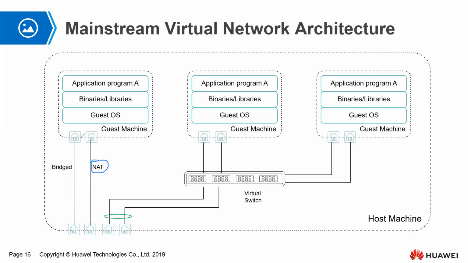This machine will have to get an IP address which is available on your physical network. But with network translation, you could have a different network inside your virtual machine.